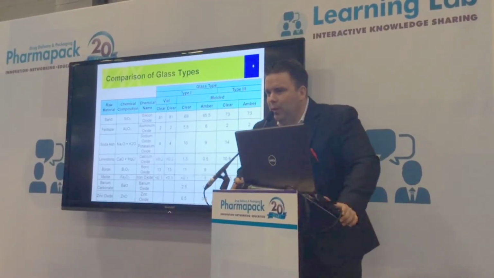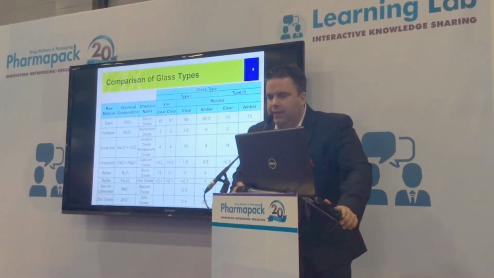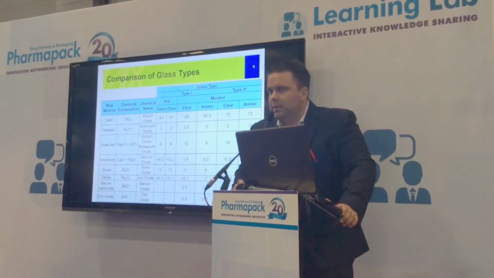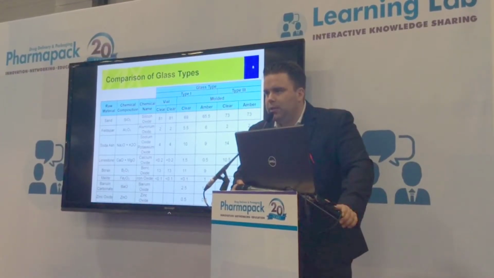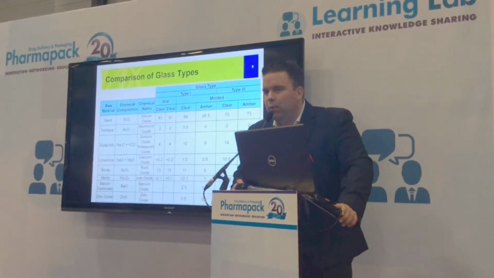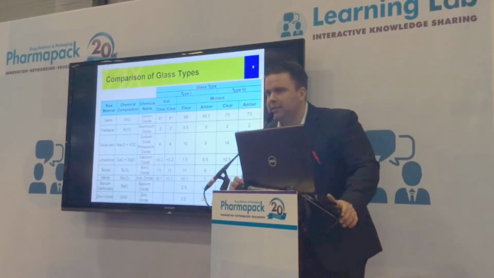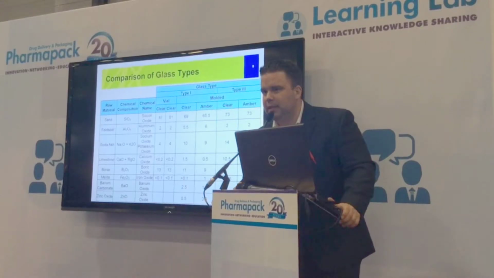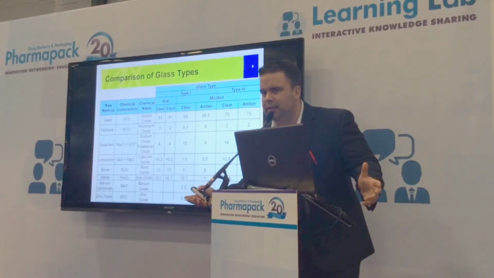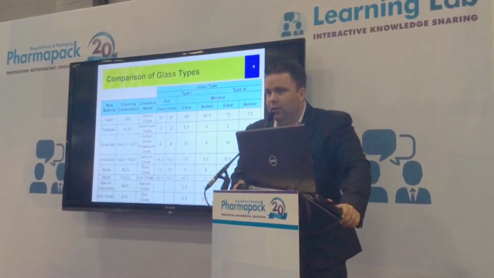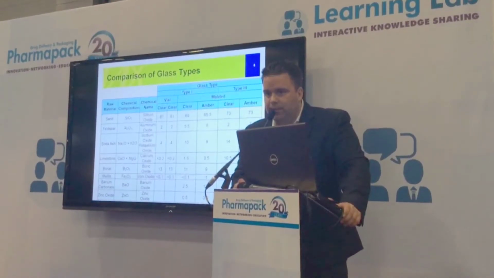Okay, so what I wanted to do with this slide is not just provide you with the molecules that make up glass, but also provide you with the raw materials and why these molecules are added into glass. Obviously, sand makes up the highest percent. The molecule in sand is silicon dioxide. Next, you have aluminum oxide, and the raw material of this is feldspar.